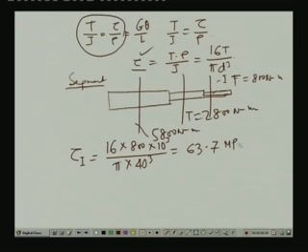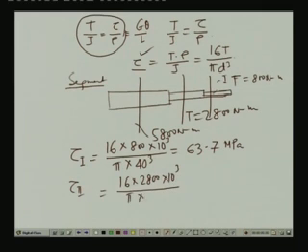Now, tau for the segment 2 likewise is equal to 16 into 2800 into 10 to the power 3 divided by pi into 60 cube.